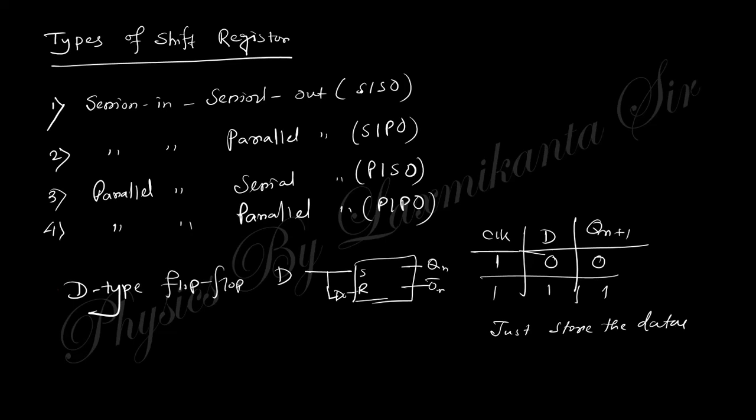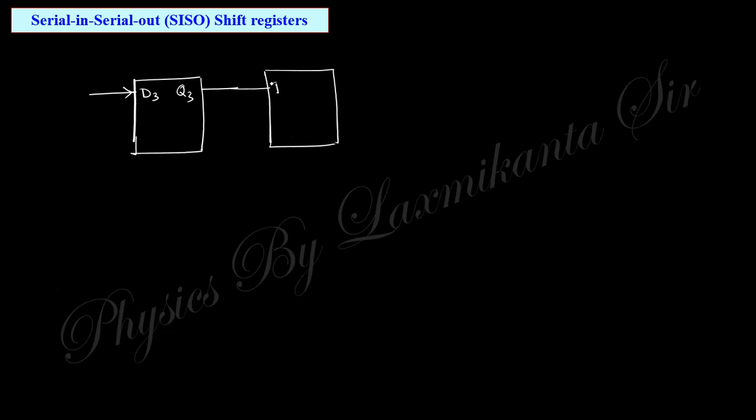Now we want to discuss these four types of shift register in detail. First one is the serial in, serial out. So we take 4 bit. You take D type flip flop. This is D3 and its output Q3. Towards the next flip flop, it is D2, its output Q2.